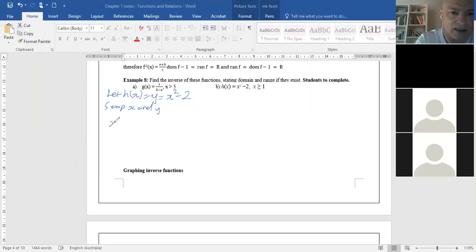I'll get x equals y squared minus 2. Solving for y, I get y squared equals x plus 2, and y equals plus and minus the square root of x plus 2, because remember, when we take a square root, we have to do plus and minus. And now we have to work out which one actually exists.